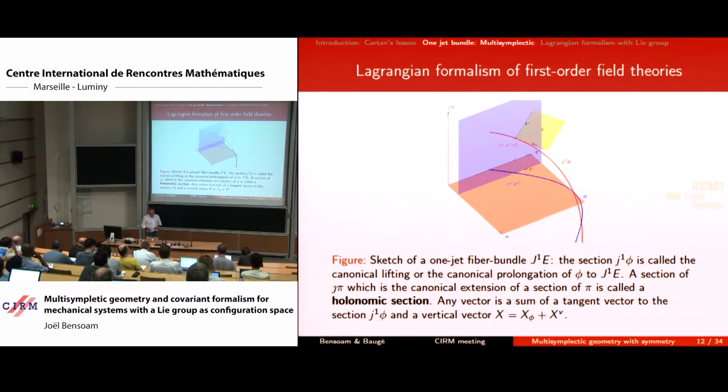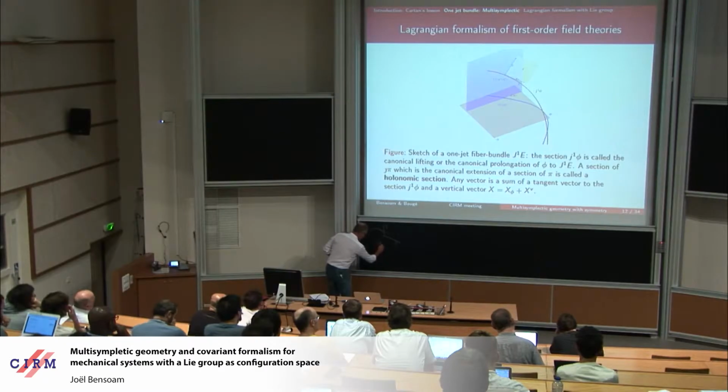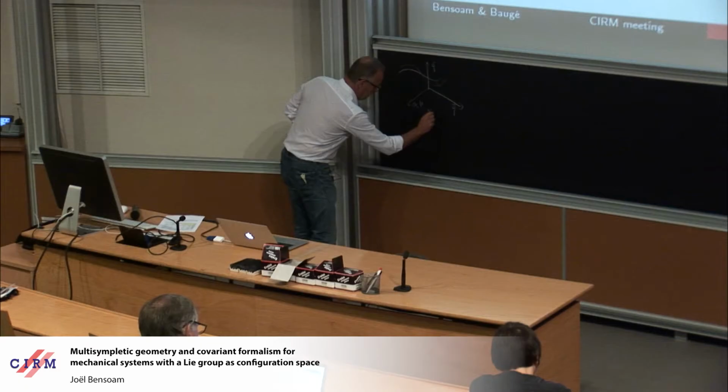So, I will try to do this now. You can imagine now that we have not just one variable, but we can have many variables. So with mu, for example, x1, x2, xn.